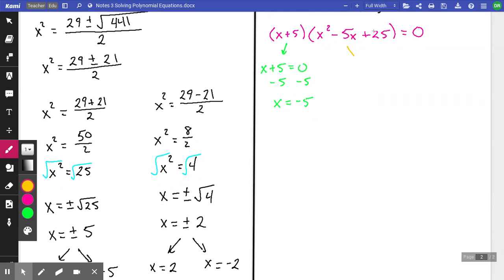Well, if all else fails, we try that quadratic formula, remember? So we're going to try this again. x equals negative b plus or minus the square root of b squared minus 4ac, all over 2 times a. And look at that, I put x equals.